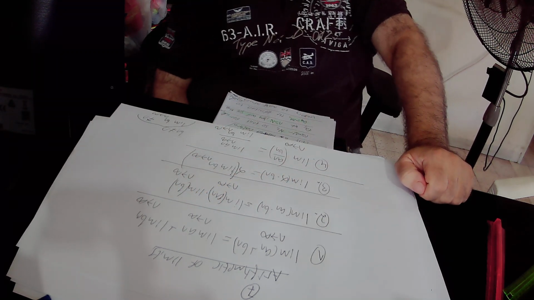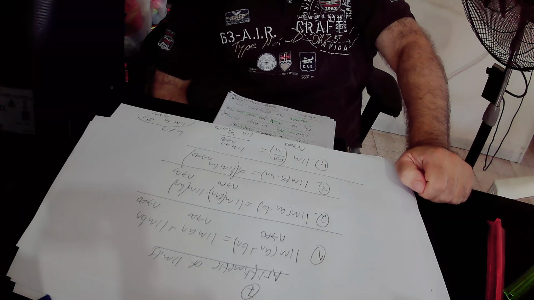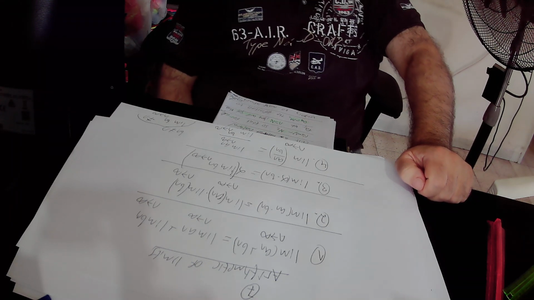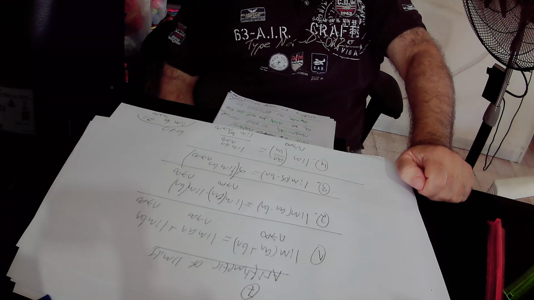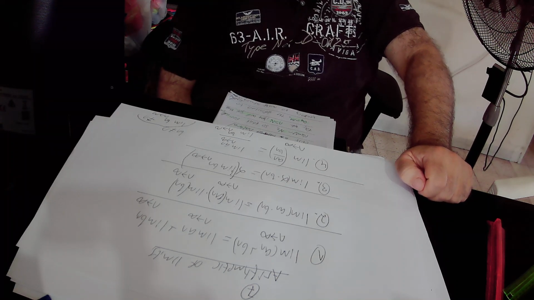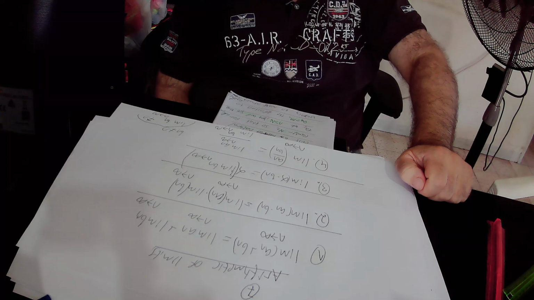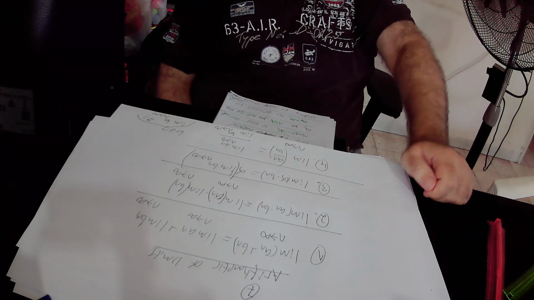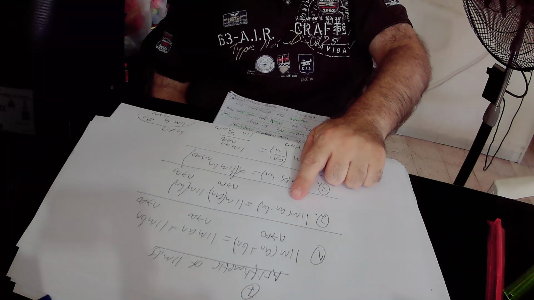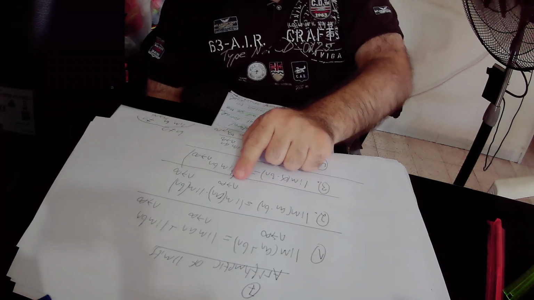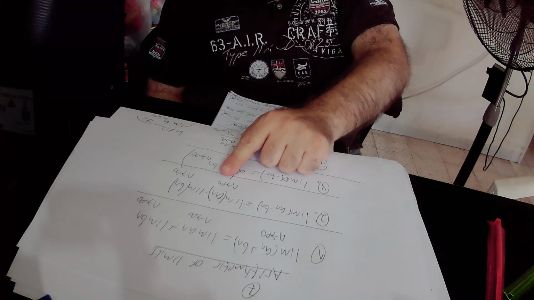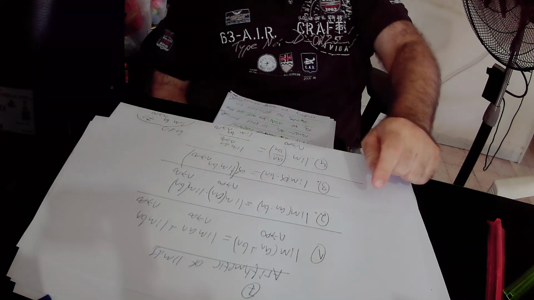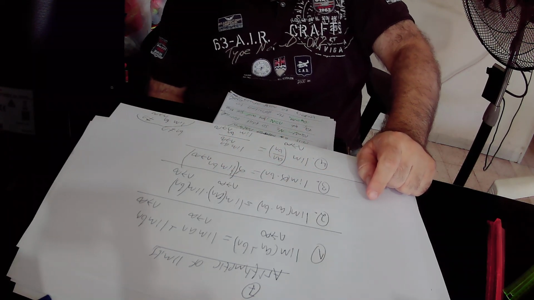And the second rule is that lim an times bn equals lim an when n tends to infinity times lim bn when n tends to infinity.